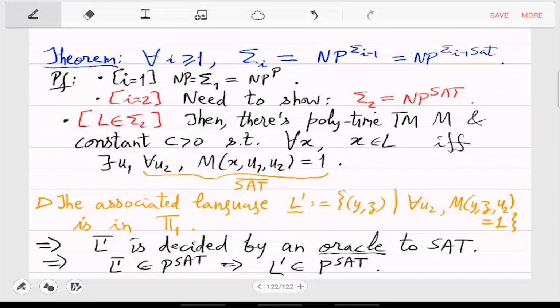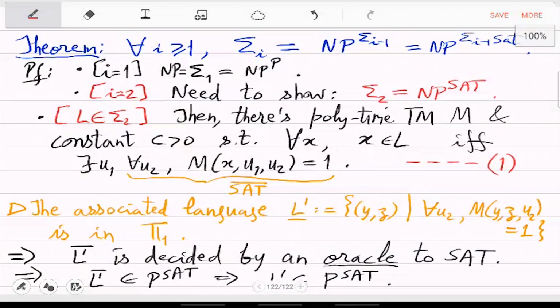Okay. And so now this equation that we had, this equation 1, we can now use this fact of using SAT oracle to rewrite it.